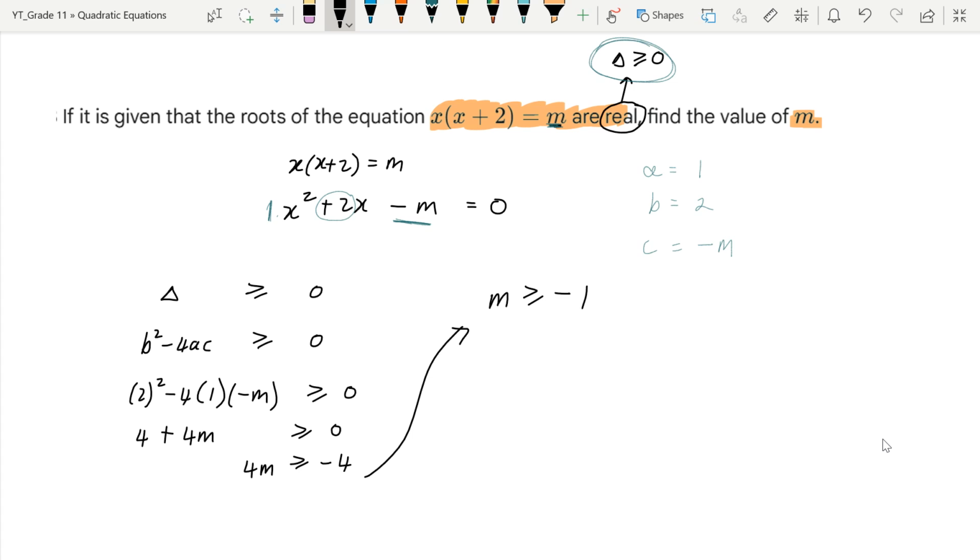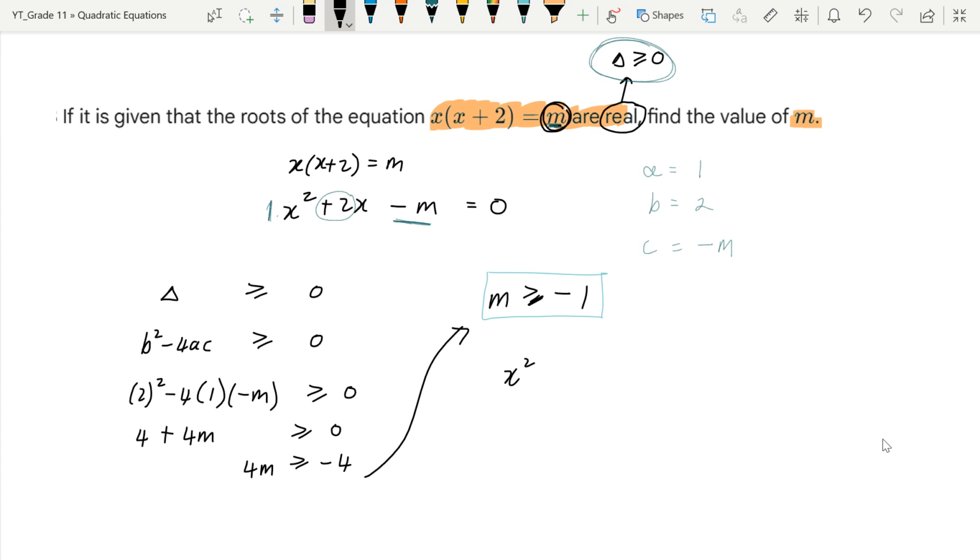And that's it. Let's just talk about what we just found. We found a whole range of answers. m can either be equal to -1, or if m is bigger than -1, m can be 0, 1, 2, 3, 3.5, 4.25, whatever. Anything that is bigger than -1. And if we put that into that equation, the roots will be real.